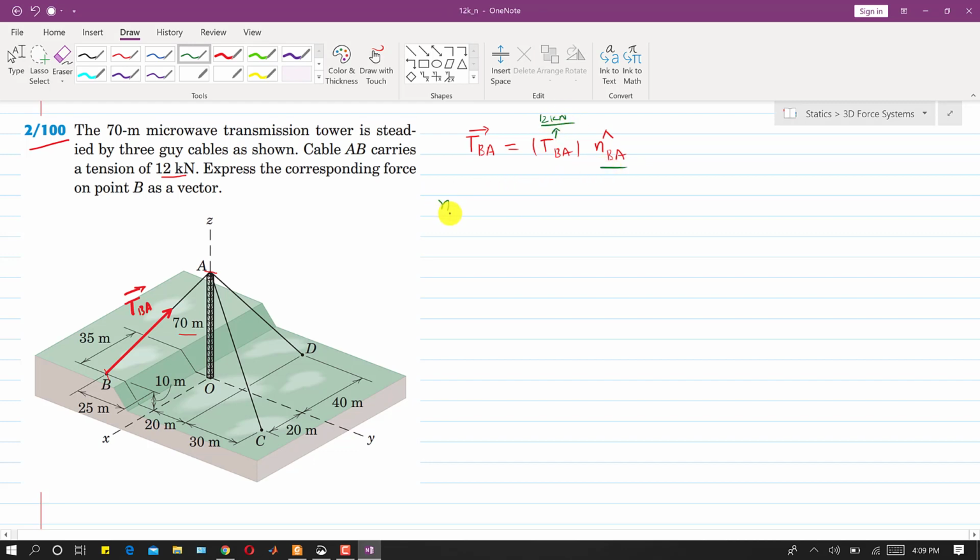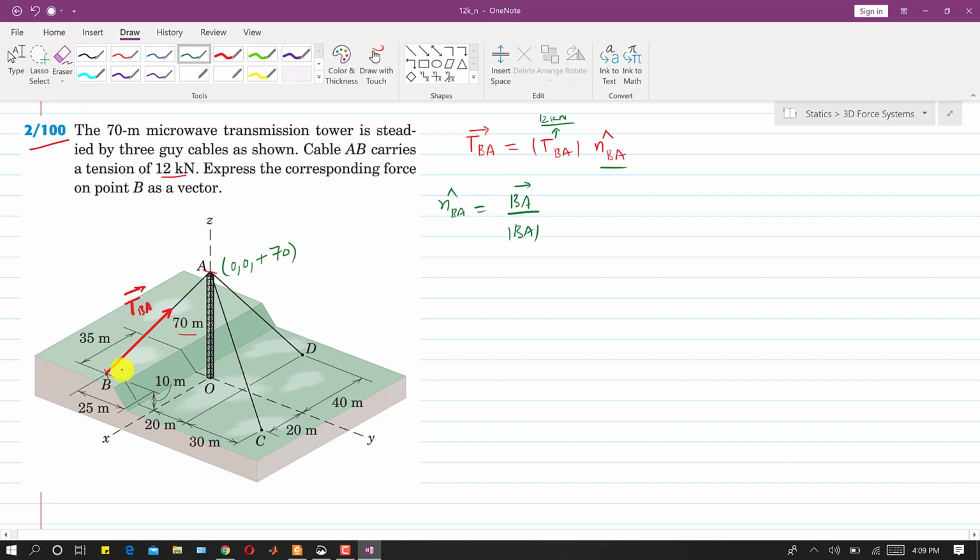So the nBA unit vector is equal to the BA vector divided by the magnitude of BA, right? If I find the coordinates of this point A, to reach this point A we will only travel in the z direction. So the x coordinate is 0, y coordinate is 0, and the z coordinate will be plus 70, right?